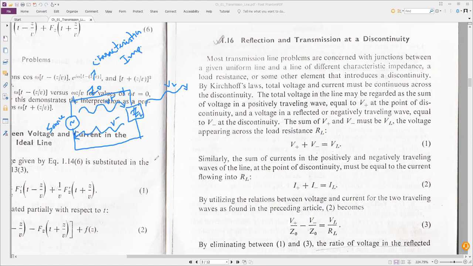Reflection coefficient rho is equal to V minus over V plus. And the transmission coefficient, tau, is equal to VL by V plus.